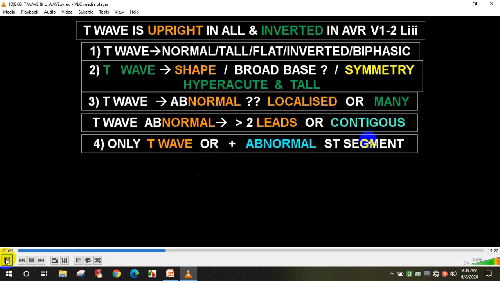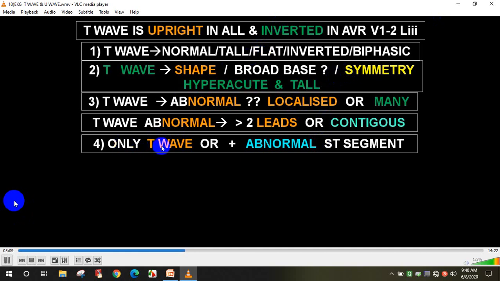If there is an abnormal ST segment, meaning the ST segment is either elevated or depressed, there will always be abnormality in the T wave. So you will have 2 possibilities: there are only T wave changes without any abnormal ST segment, or there is an abnormal ST segment, and whenever there is ST segment elevation or depression, it is always associated with T wave changes, which is usually upright or inverted.